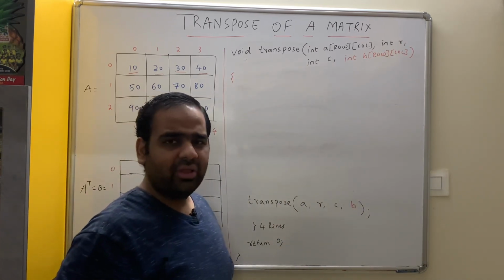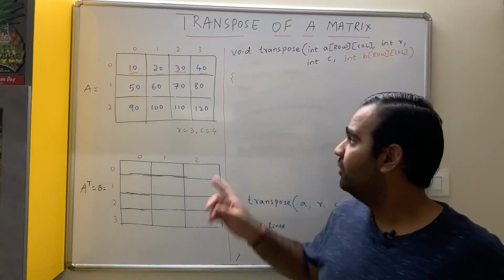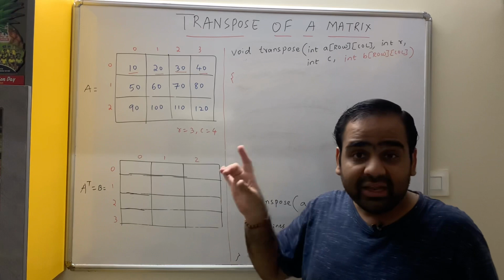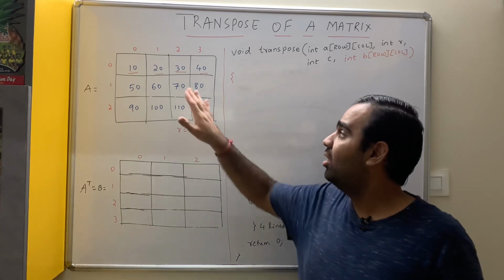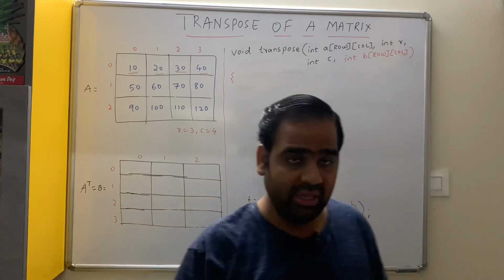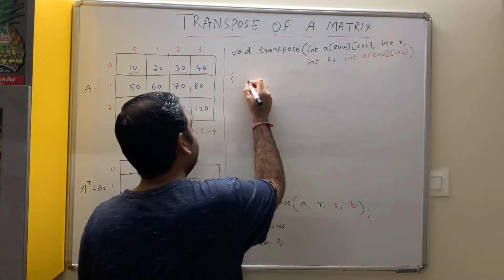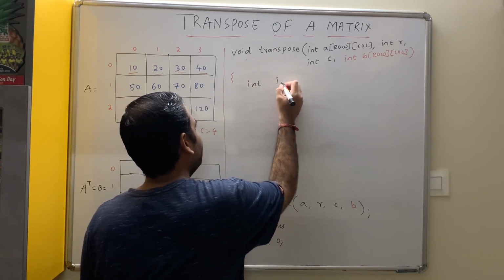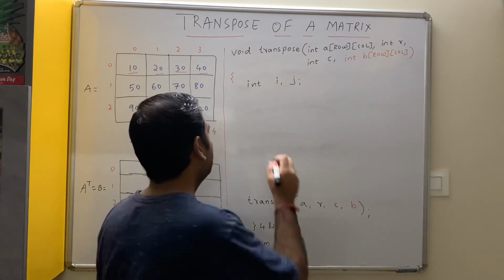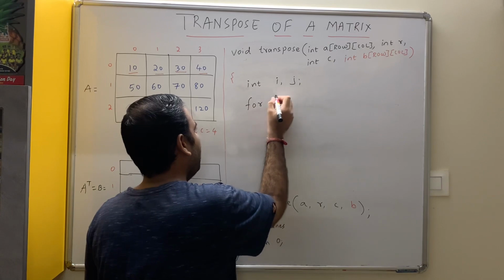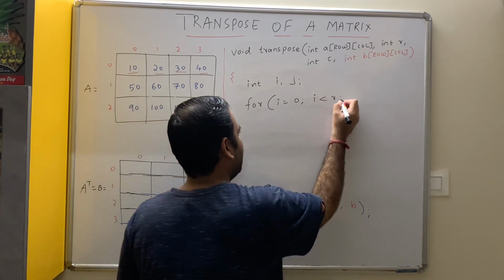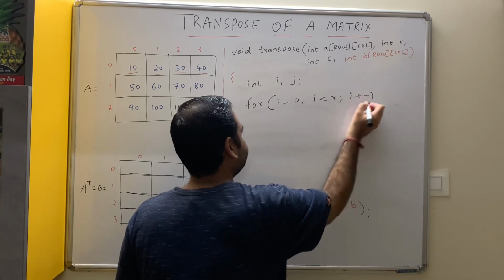Now I already said the logic. What we do is we take row by row and we write at column by column. We take row by row of the matrix A, and we will write in the matrix B. Now how do we take row by row? Whenever we want to take row by row, the row loop should be outside and the column loop should be inside. Hence we say for I starts from 0, I is less than R, I plus plus.